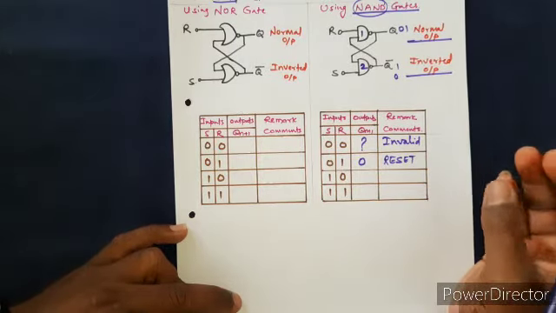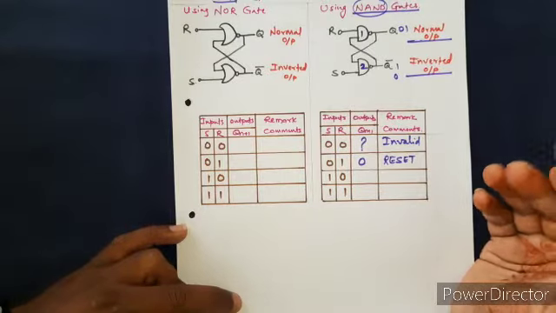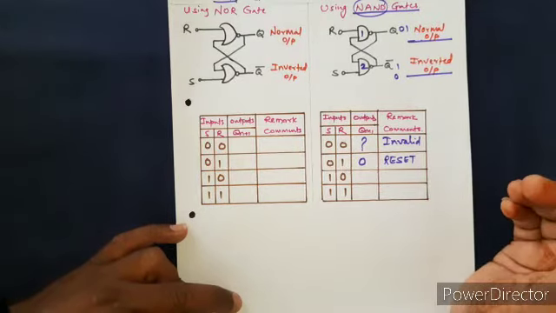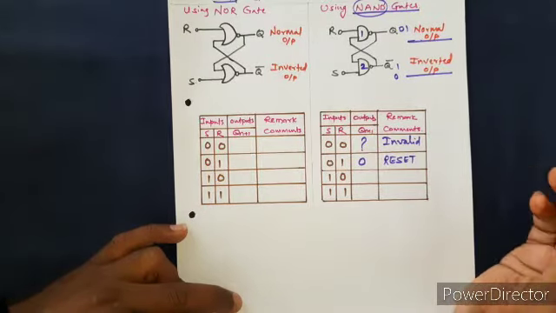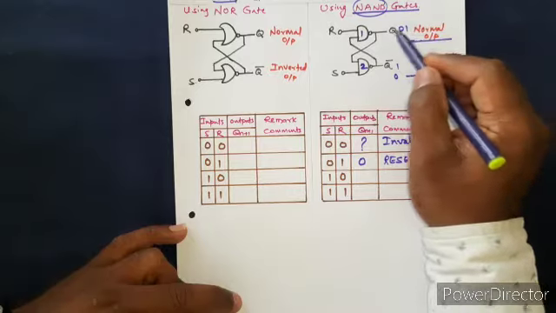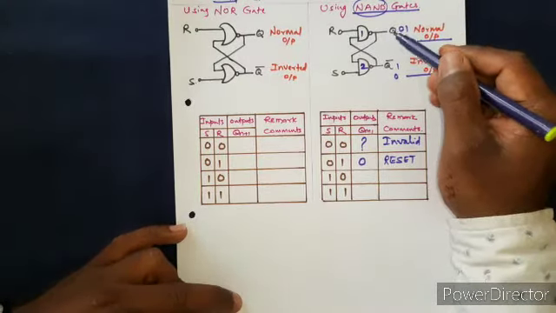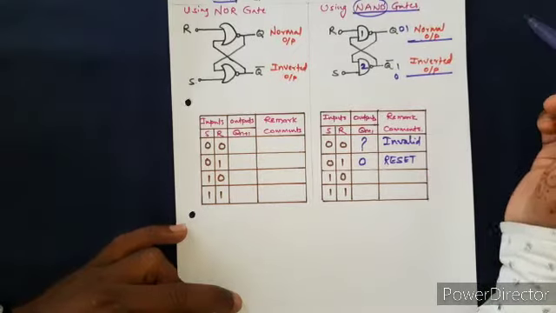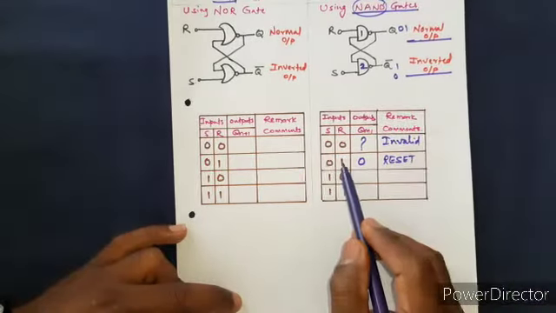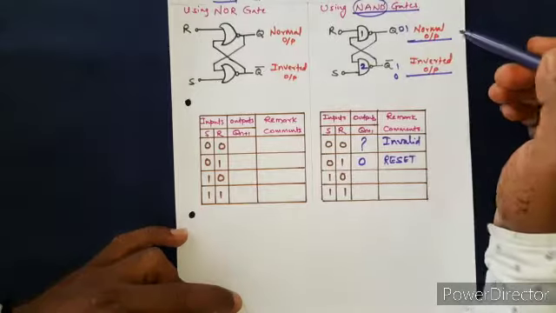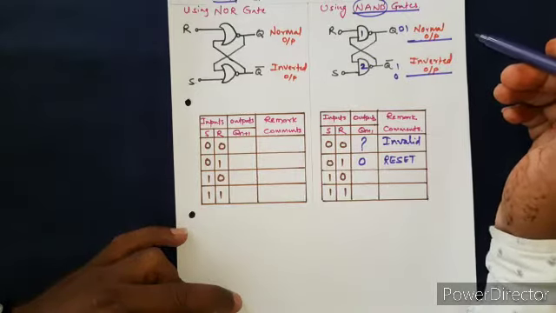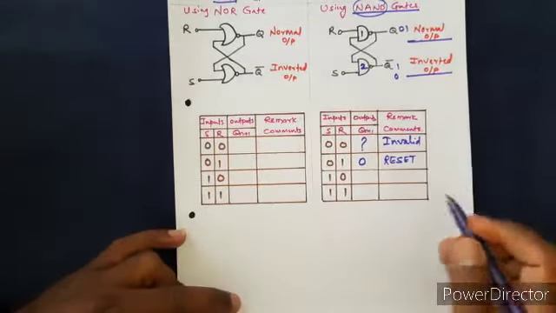It is like for any toy or circuit, if you press the reset button, it comes to its initial position. If some other circuit is connected at the output of this SR flip flop and you provide 0 1, that circuit will get reset.